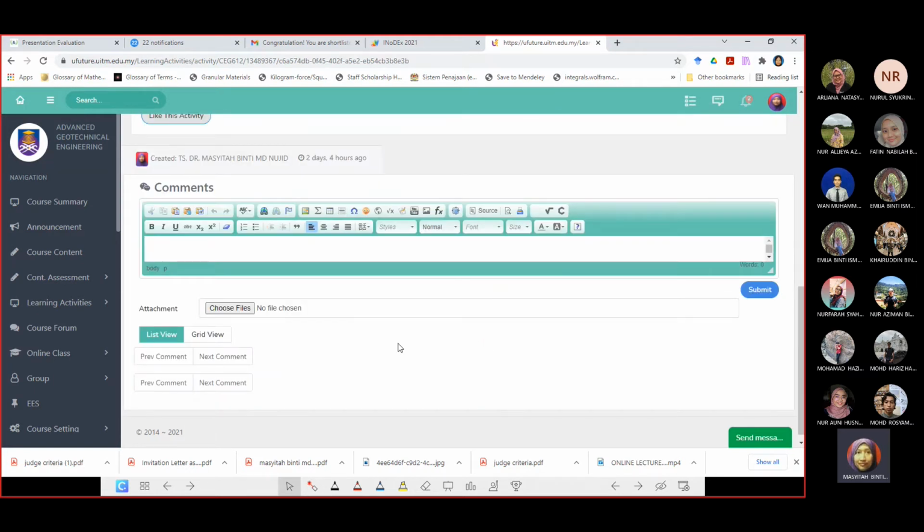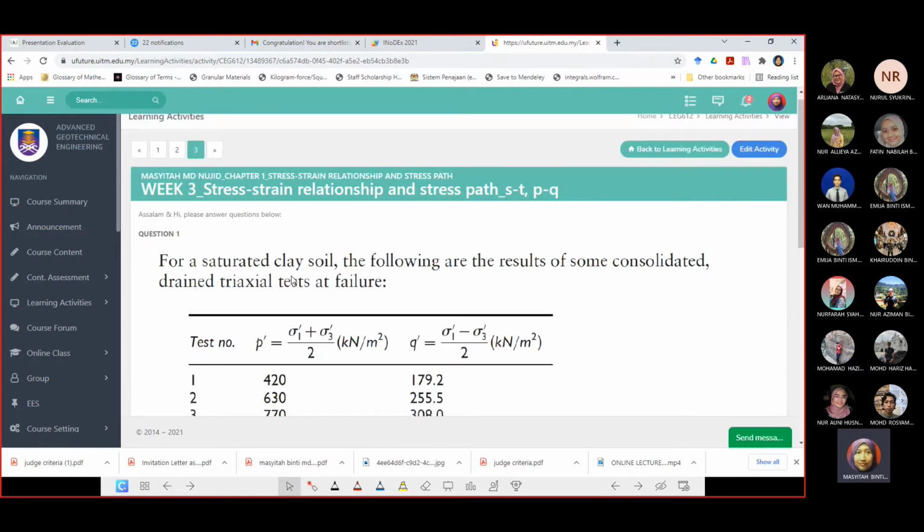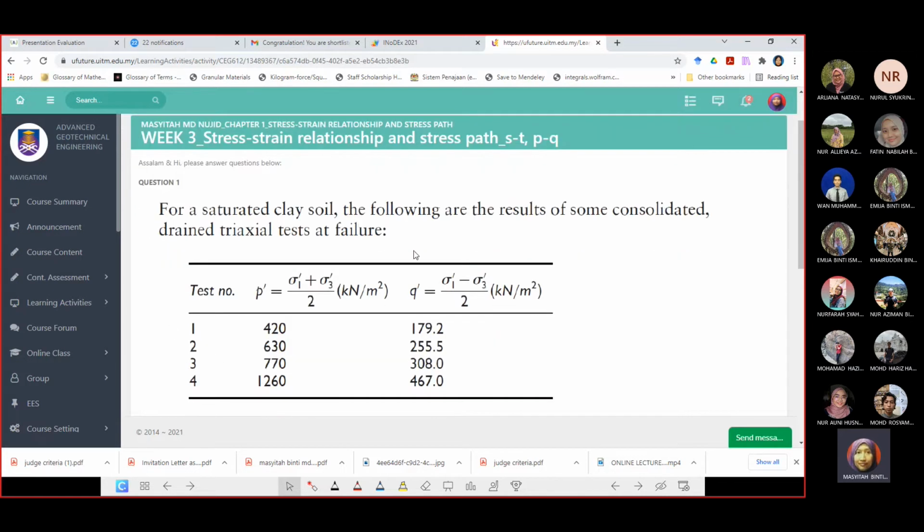Then you give a comment, attach your answer and respond, or just attach a screenshot of your answer, then submit. For this week 3, the question is supposed to be S and T coordinates or PQ. Right now I give you PQ coordinates, so you need to plot them and produce the stress path for ESP and TSP in the triaxial test.